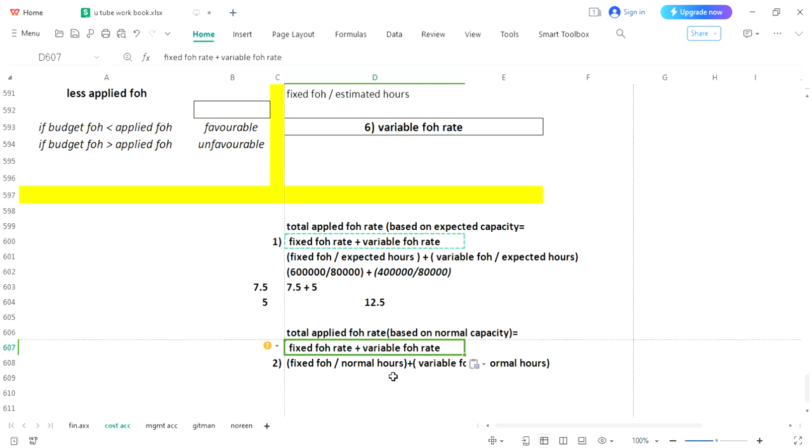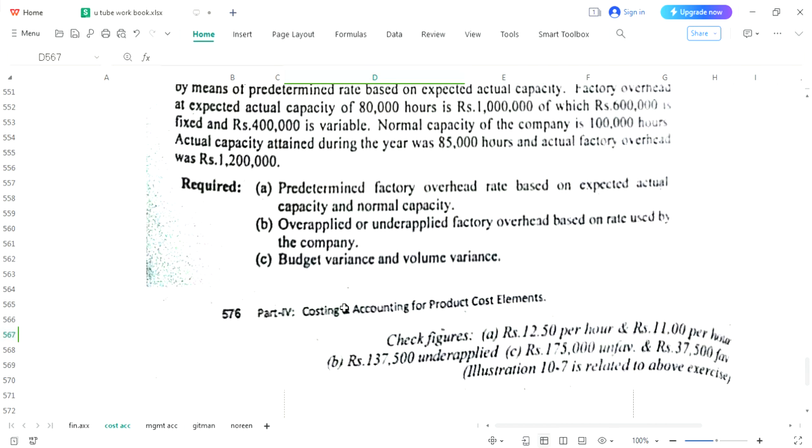What twist are we using here? Expected hours were mentioned, and now we will be mentioning normal hours. Your fixed FH was 6 lakh in case of working 80,000 hours. Now let me know if your normal hours are different. You can see in the question, normal capacity of the company is 1 lakh hours.